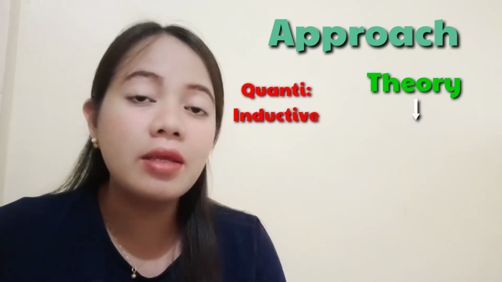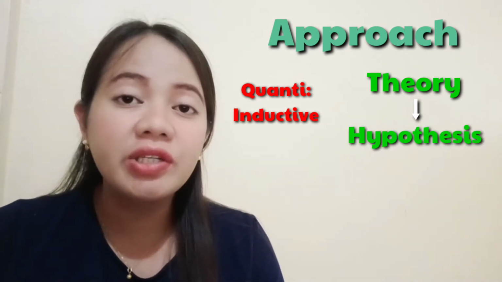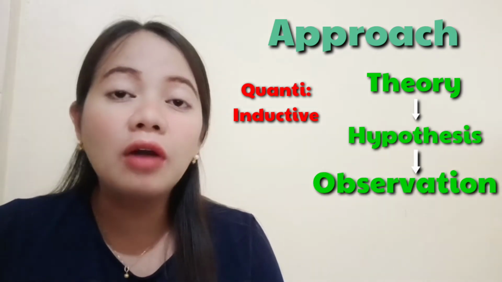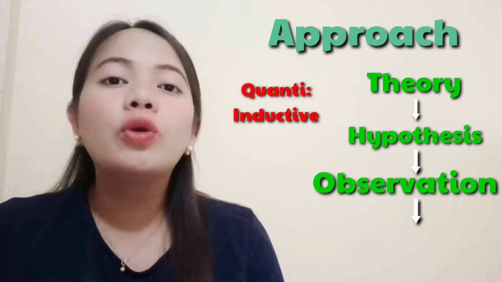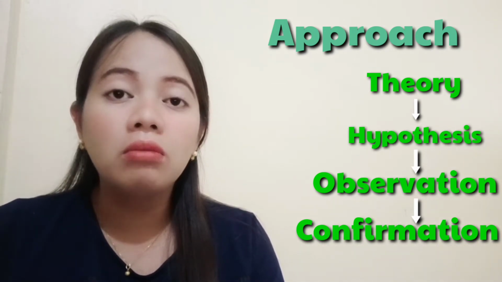Out of that certain theory, you will be presenting a hypothesis, and then you will be starting observing. Then out of your observations, you will be able to give your confirmations whether tama ba yung hypothesis mo or not. Okay? Whether i-accept mo yung hypothesis mo or not.